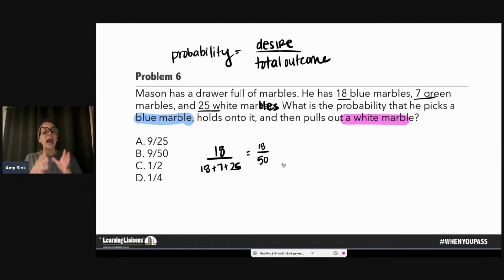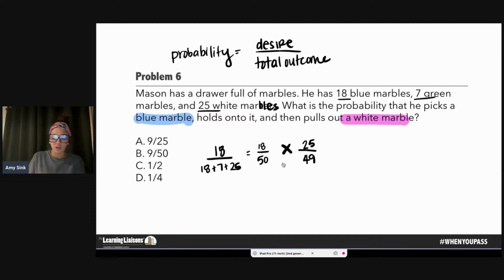But if I want to know the probability of something and then something else, I'm going to multiply those two probabilities together. My next probability is going to be my desire out of my total. So how many white marbles do I have? 25. And how many marbles do I have in my bag now? 49, because I'm holding on to that blue marble.